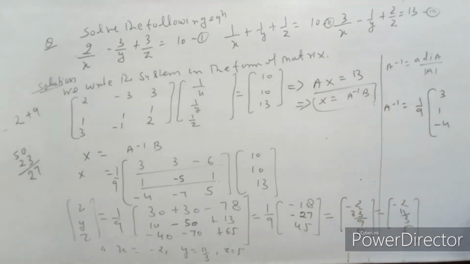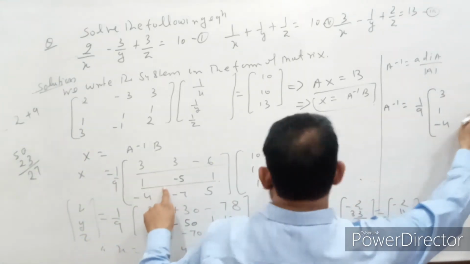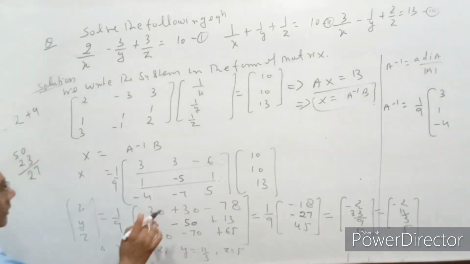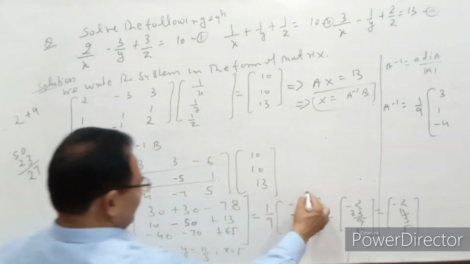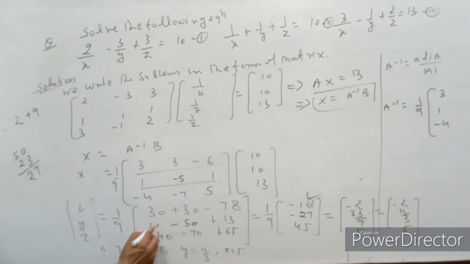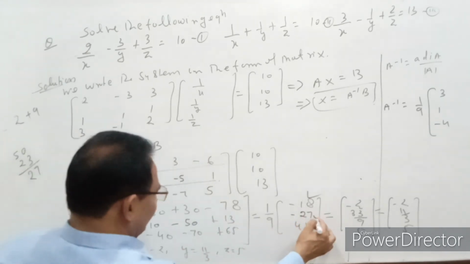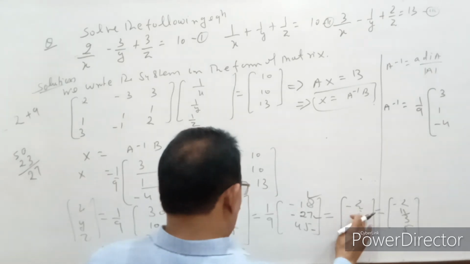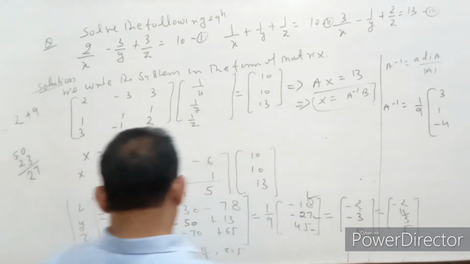Yes, here we check the cofactor of second row, that is -5, and this is 3 into 10, 30, 3 into 10, 30, -78, that is -18, and that is 10, -50, 30 -27, that is 9, 3 minus के 27.